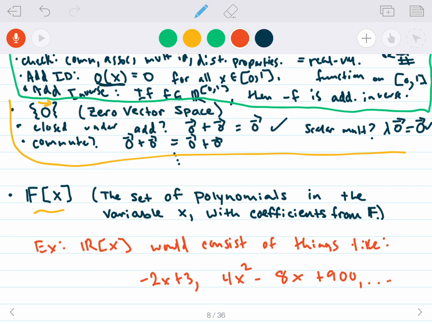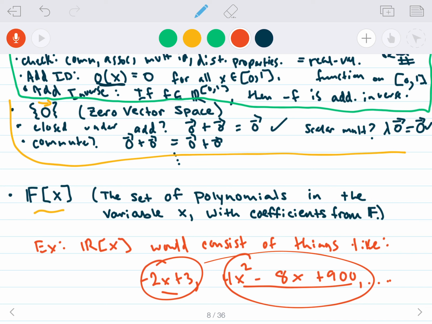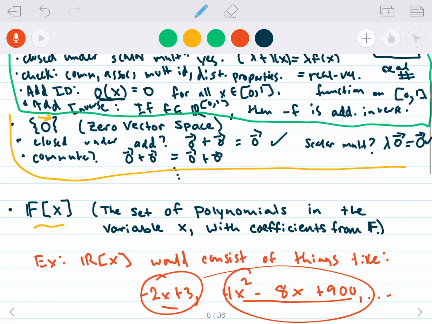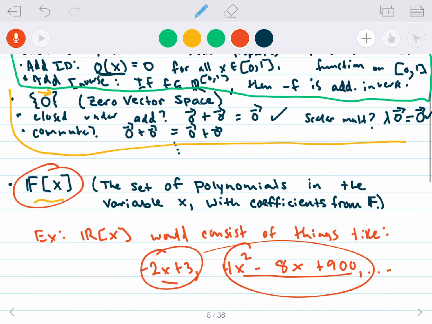So polynomials in the variable x are members of this vector space, and you should check the axioms yourself. Is it true that the sum of any two polynomials in x is again a polynomial in x? Yeah, definitely. Is it closed under scalar multiplication? Most definitely. Do polynomials commute? When we add them up, can we reverse the order? Yeah, definitely. So check all of these things. They're pretty obvious, pretty trivial to show, but just for extra practice, you should verify the axioms here.